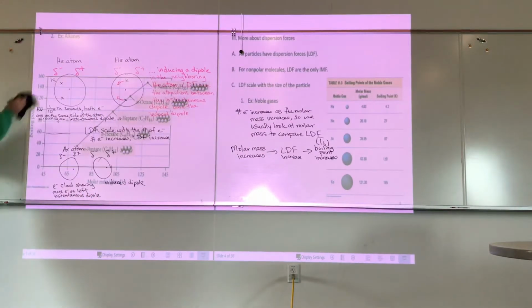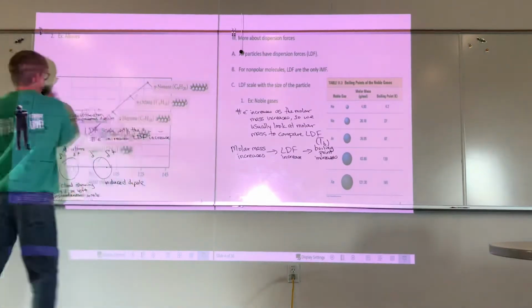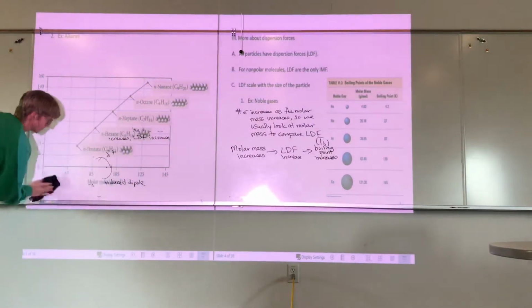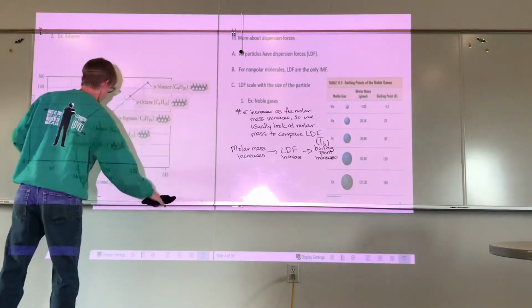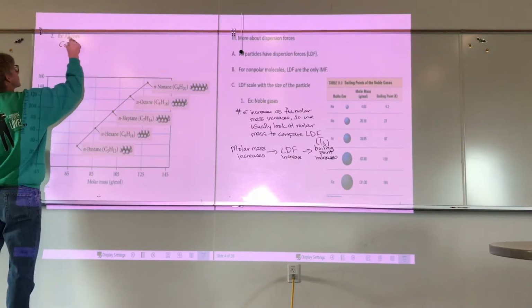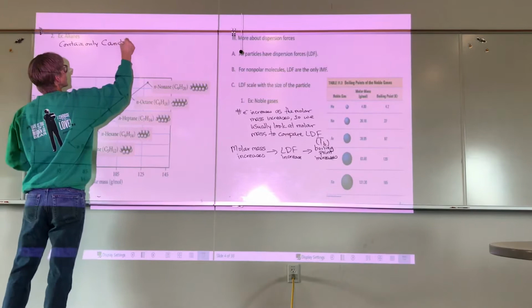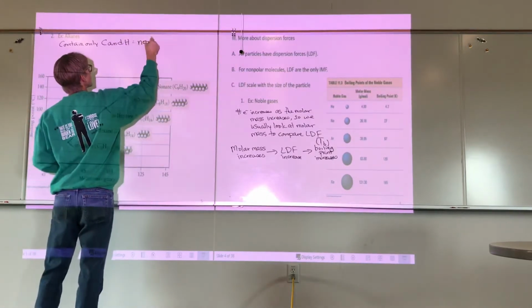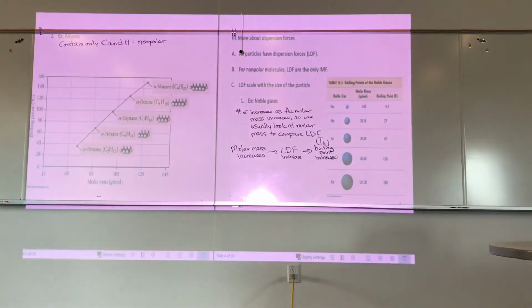Alkanes are nonpolar as well because they contain only carbons and hydrogens. In fact, last chapter we had a rule of thumb that said anything with only carbons and hydrogens is nonpolar, therefore nonpolar.